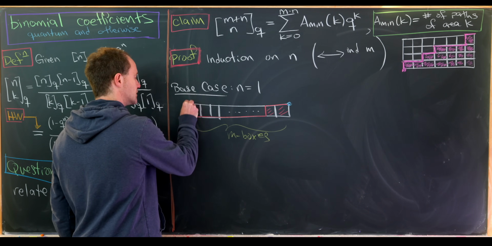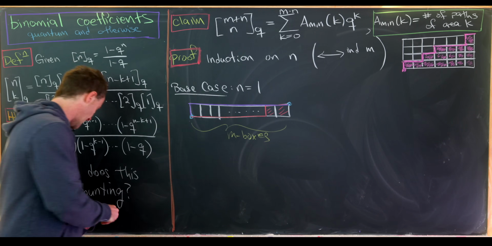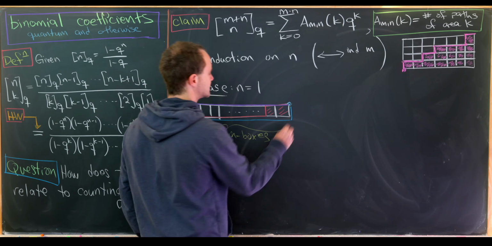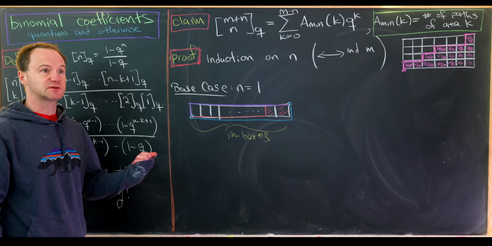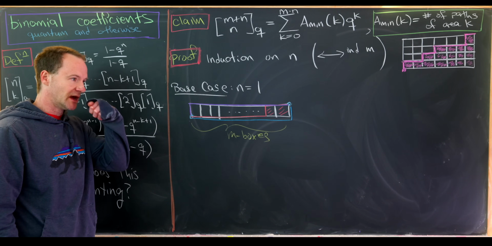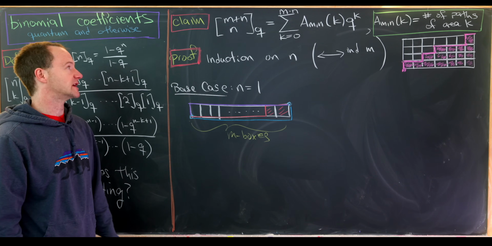Whereas this one that goes straight up here and over has an area of m. And finally, this one that just stays along the bottom and goes up has an area of 0. So the smallest possible area is 0, the largest possible area is m, and we can get every area in between exactly one way. I think that's pretty clear.